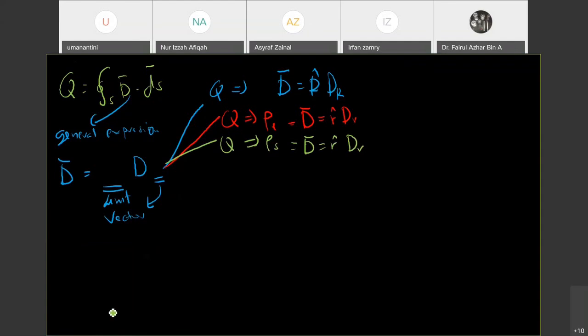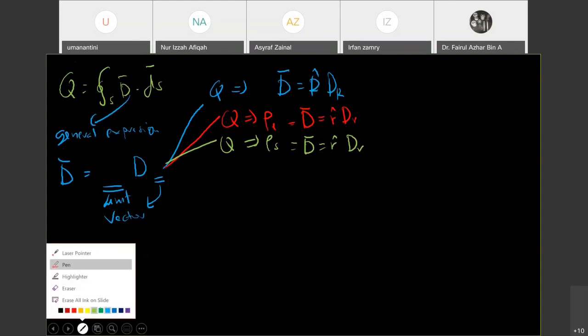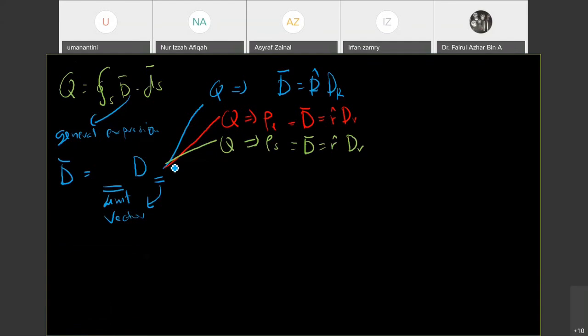Okay, and last one, if we consider our Q exists in a volume, this one also will refer to the question lah. So kalau dalam midterm, we'll have D is equal to R cap D_R.